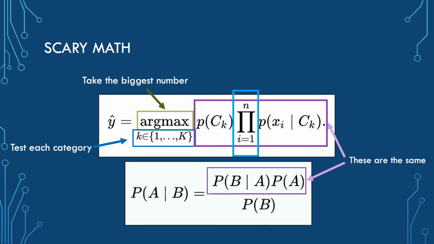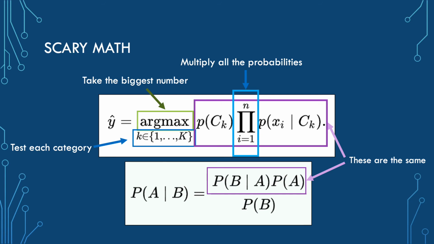We then have this pi looking symbol with an n above it and an i below it. The only thing this means is multiply all the probabilities together. What this n and this i is really getting at is we have a series of possible probabilities, and they refer to the features that we have. So we're going to take each of these features.